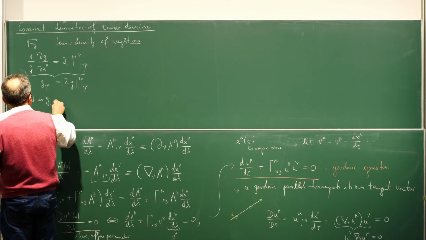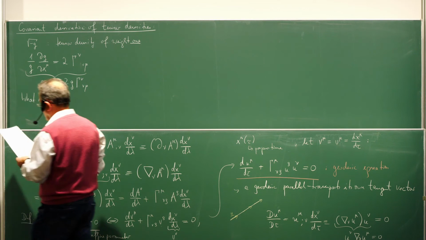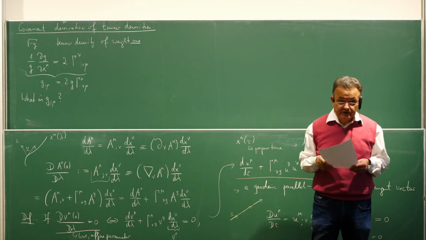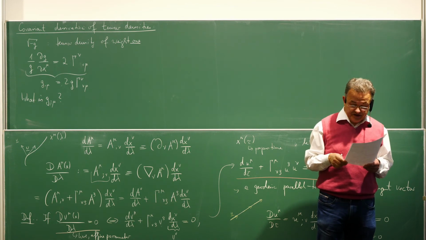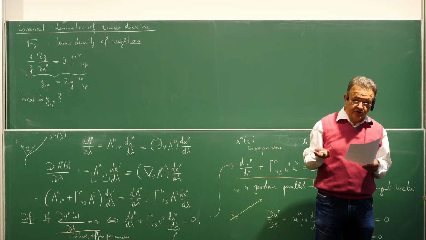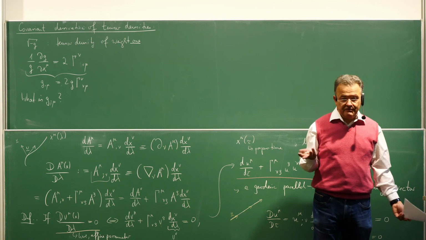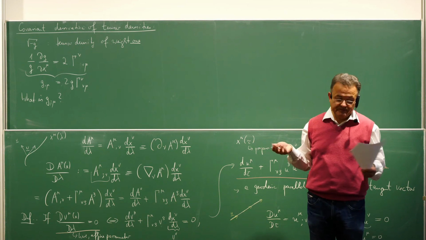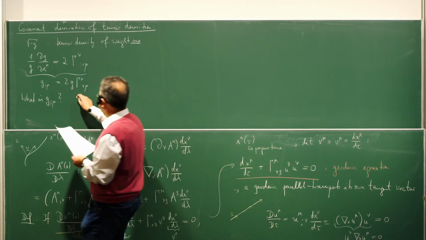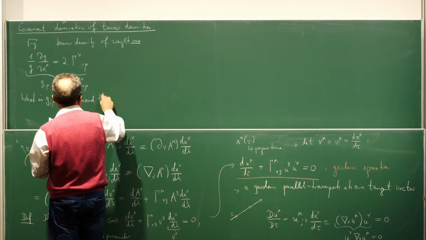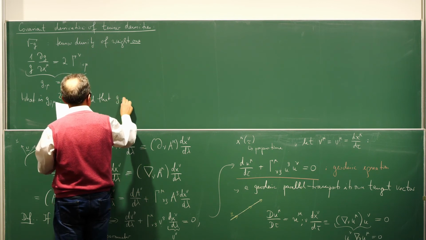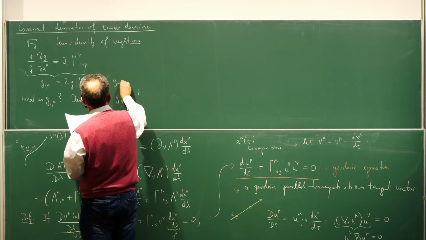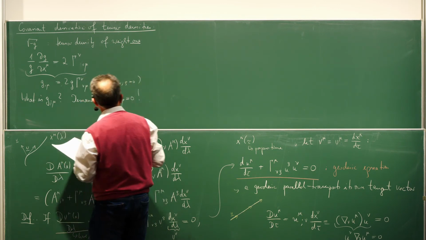So what is g semicolon mu? Well, we have seen that the metric is covariantly constant. So g_{mu nu} semicolon rho is 0, and naturally we want to preserve this property for the determinant of the metric also. So demand that g semicolon mu is equal to 0, because we had g_{mu nu} semicolon rho is 0.